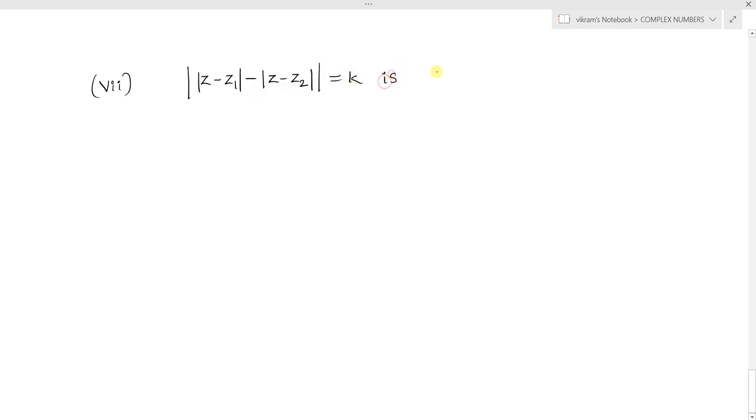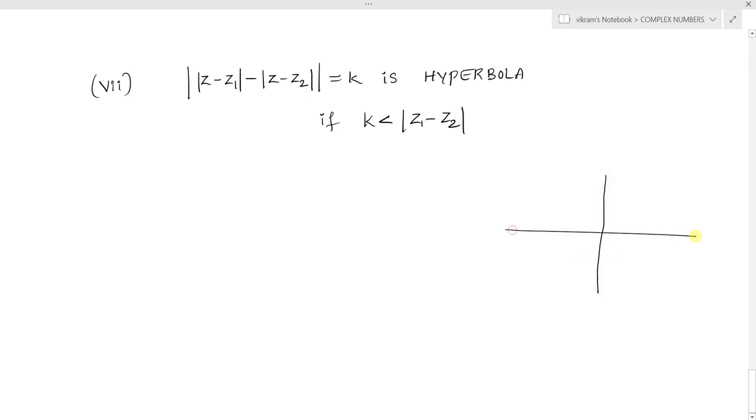Now for a hyperbola, K has to be less than mod of z1 minus z2. So that means we consider the hyperbola here.